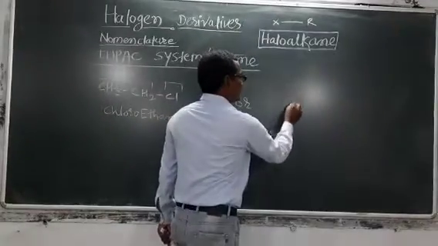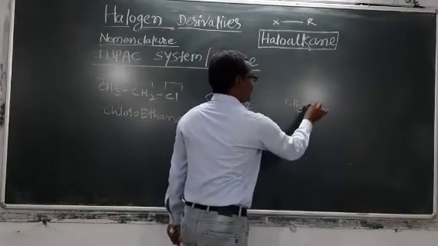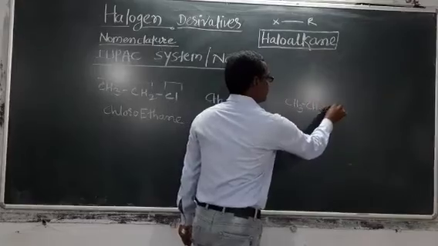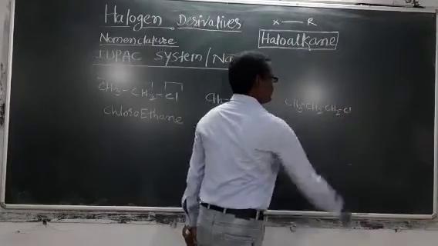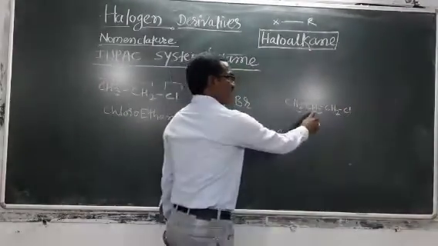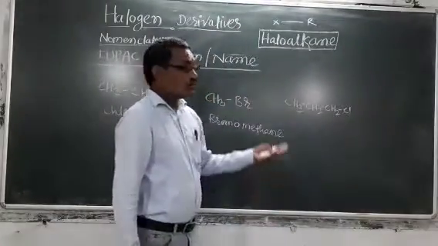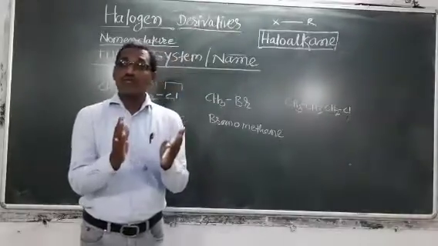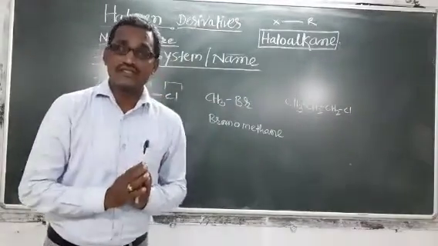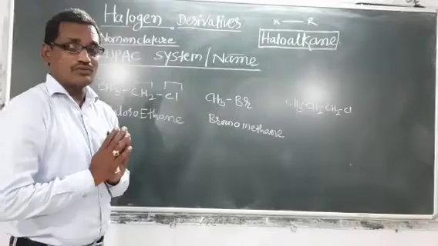Next example I want to clarify here: CH3, CH2, CH2, Cl. What will be the name here? Here 3 carbon atoms, but we have to consider the rules of the IUPAC system to give the name for any compound.